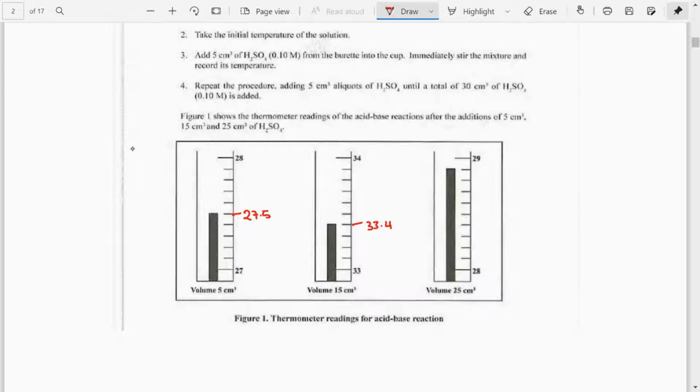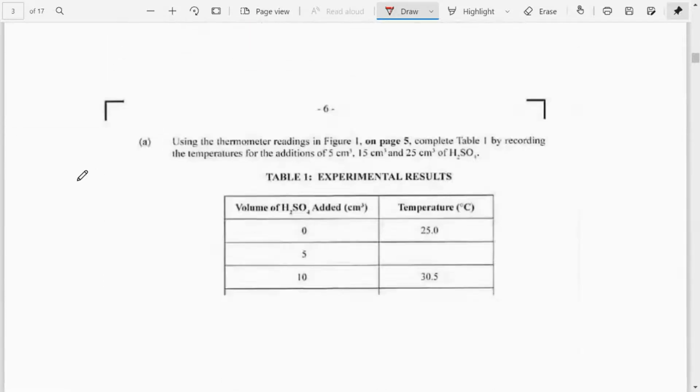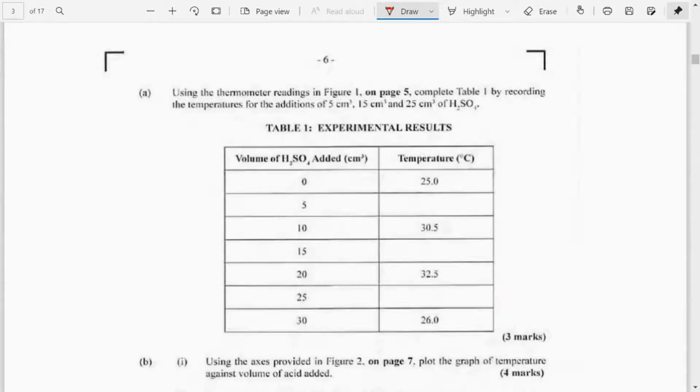And at 25 cm cube, it's 28.1, 2, 3, 4, 5, 6, 7, 8, 9. 28.9 degrees Celsius. All right, so let's just put that in our table. So 5 is 27.5 degrees Celsius, 15, 33.5, and 25 is 28.9. Easy 3 marks.